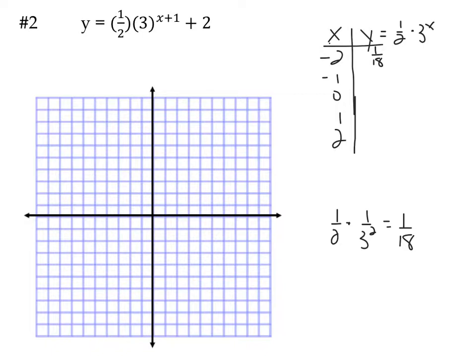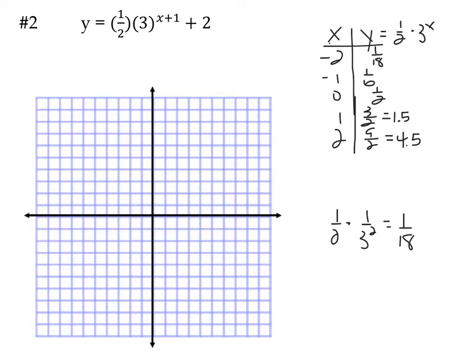And if we have 3 to the -1st, that'd be 1 over 3, so we're going to have 1 over 6. And we put a 0 in, 3 to 0, and then we'd have 1/2. We put a 1 in, that'd be 3 over 2. We put a 2 in, it'd be 3 squared is 9 over 2. 9 over 2. Okay. If it helps to see these as decimals, 1.5. Maybe when you go to graph them, it's easier that way. That's fine. Doesn't matter.